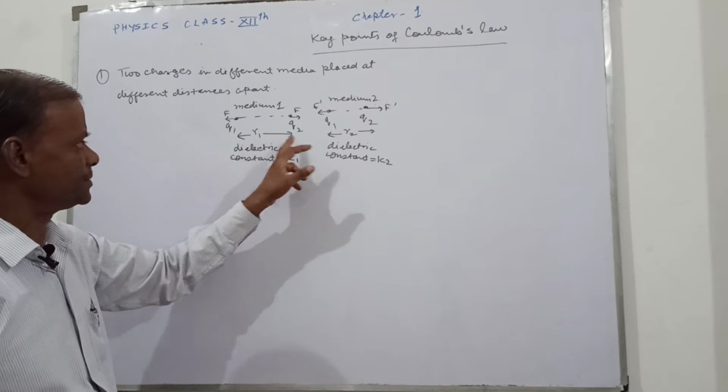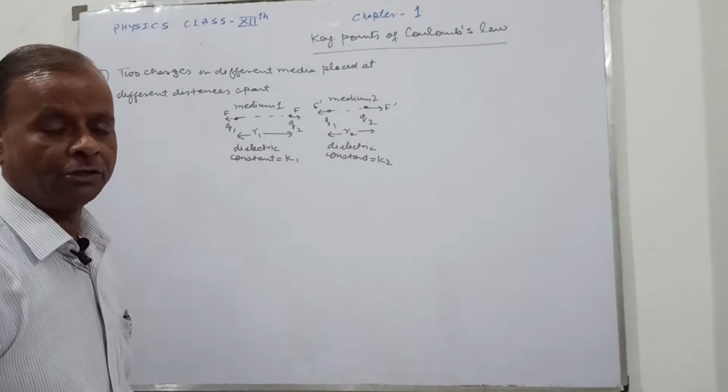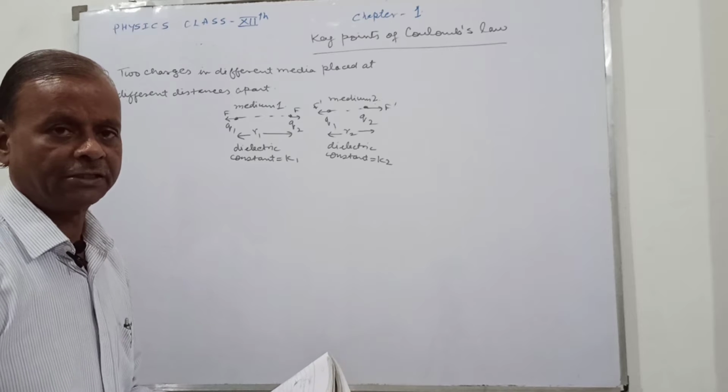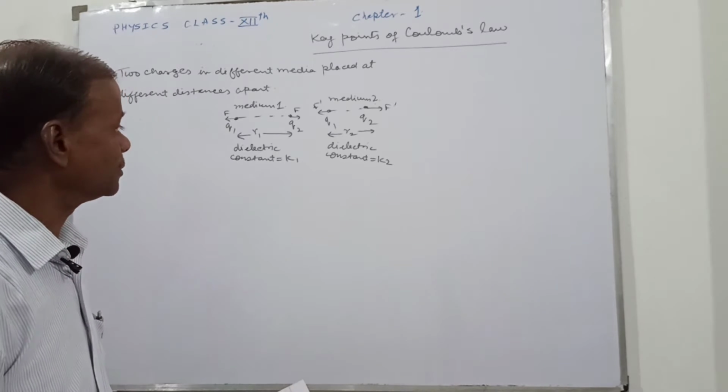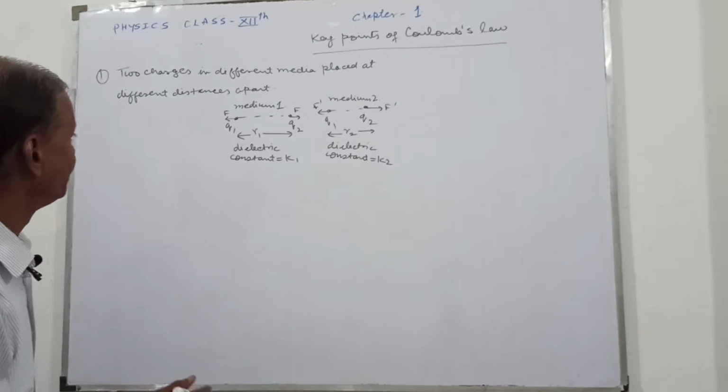This is now force F dash, and this is now force F. So we are given two charges in different media separated by different distances R1 and R2. Then we have to find the relation between the dielectric constant and the distance.